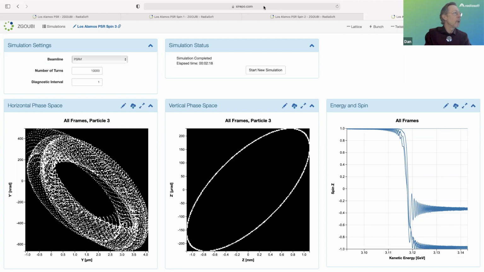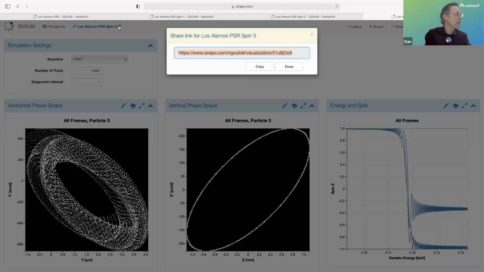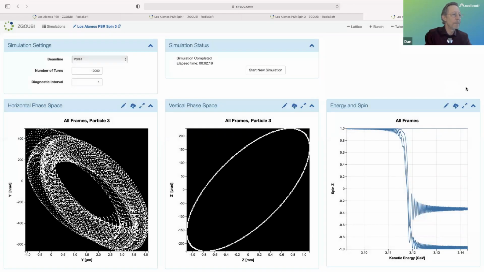And while I'm here, the other really nice thing you can do is there is a link button here, and you can copy this link, email it to a colleague, and your colleague can drop that link into their web browser and see exactly the same simulation that you've developed here. So that makes it very, very nice for collaboration.